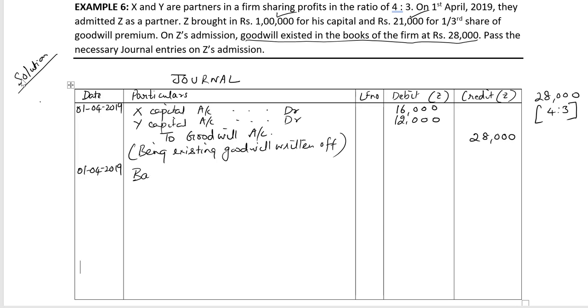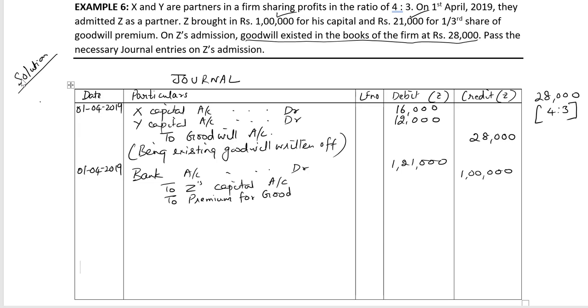So we have bank account debit, totally 1,21,000, to Z's capital account for capital brought in rupees 1 lakh, to premium for goodwill account.